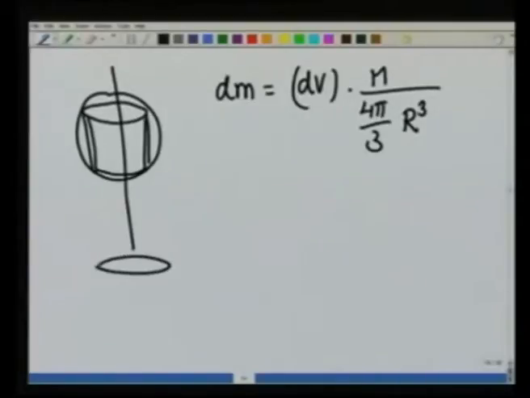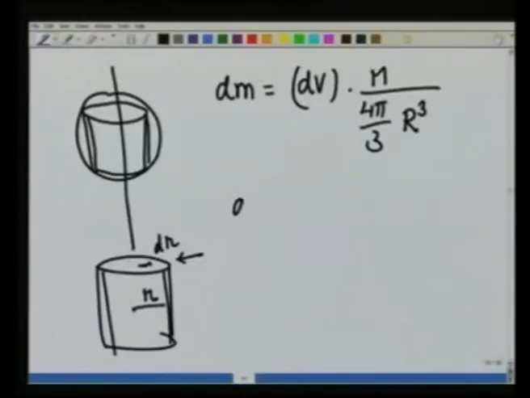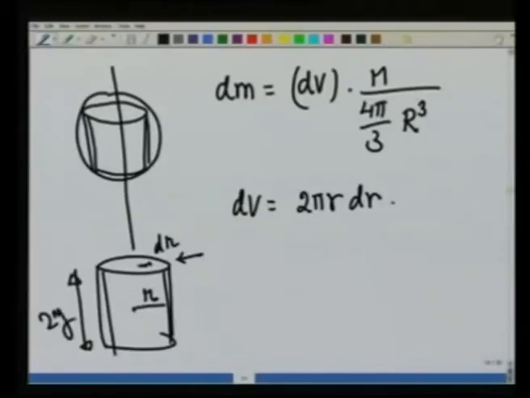The volume of this cylindrical shell, if I take this to be of radius r and thickness dr, is going to be dV equals 2 pi r dr times this whole length, let us call it 2y, where y is this height, which I can write as 4 pi r y dr.